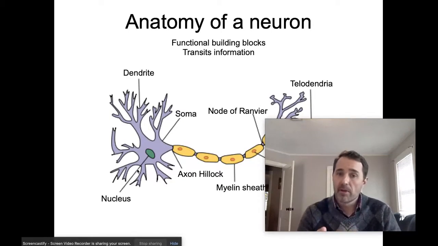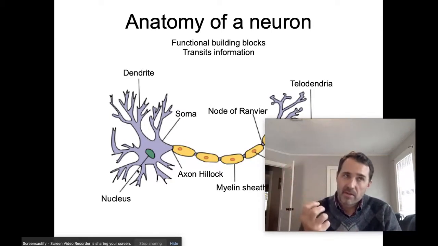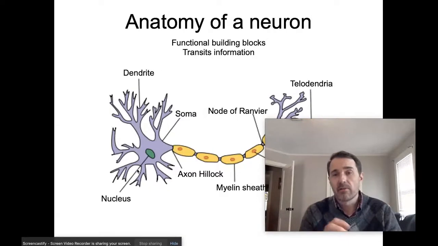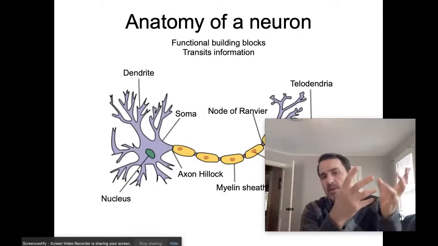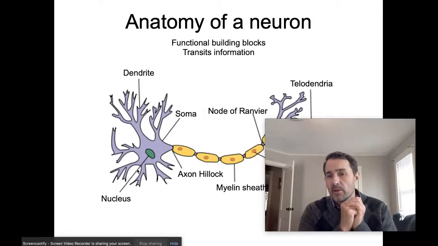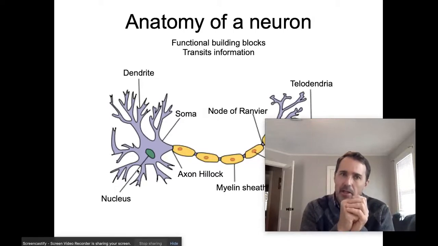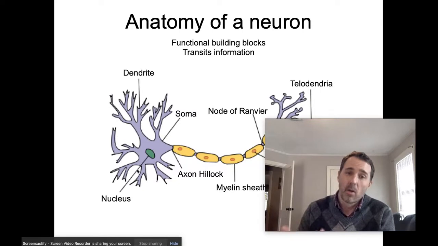The part of the neuron that receives electrical signal from another neuron is the dendrite. The dendrites receive an electrical impulse from another neuron and then transmit that electrical impulse to the cell body or the soma of the neuron.